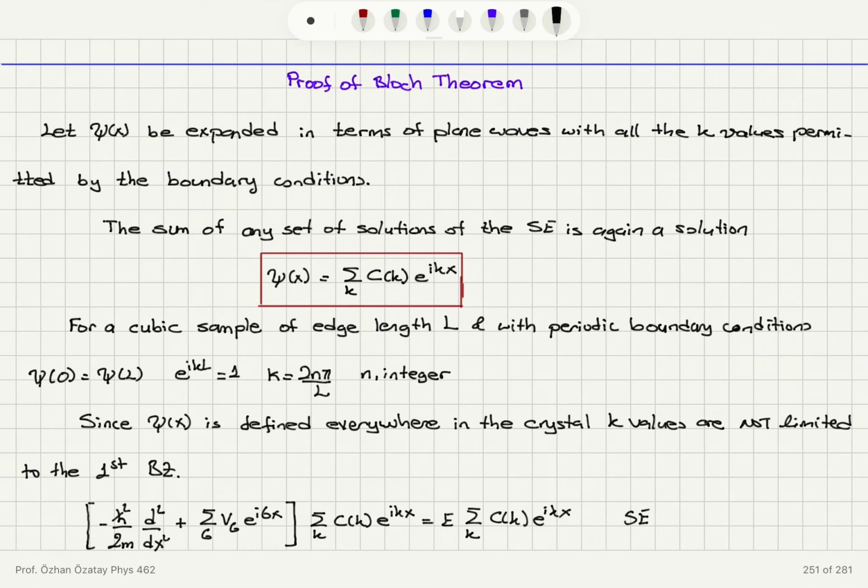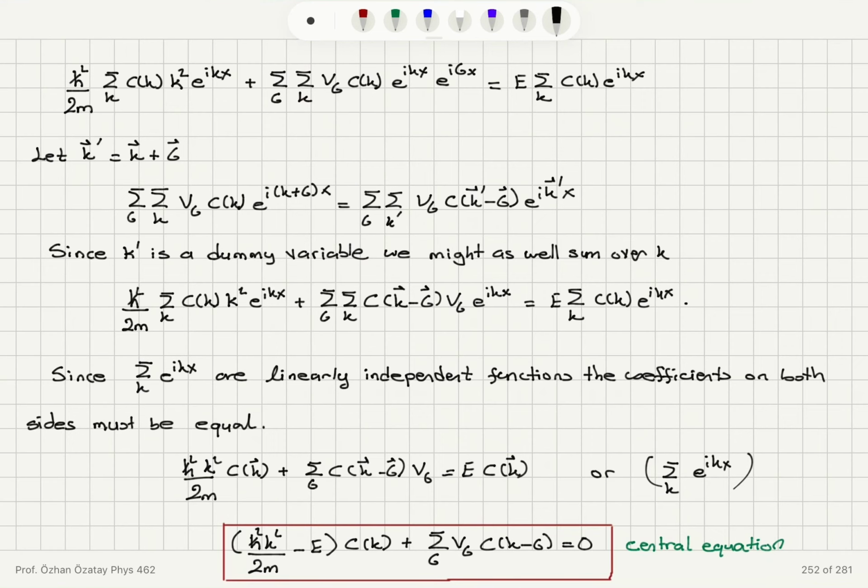We prove Bloch's theorem by expanding the wave function psi of x into traveling wave solutions with coefficients c of k. So it's a sum of these traveling wave solutions that satisfies the Schrodinger equation, and we use periodic boundary conditions so that k is equal to 2n pi over L. When we substitute our plane wave expansion of the wave function and the periodic potential, we find the Schrodinger equation for the coefficients of the plane waves, sum over k of e to the ikx.